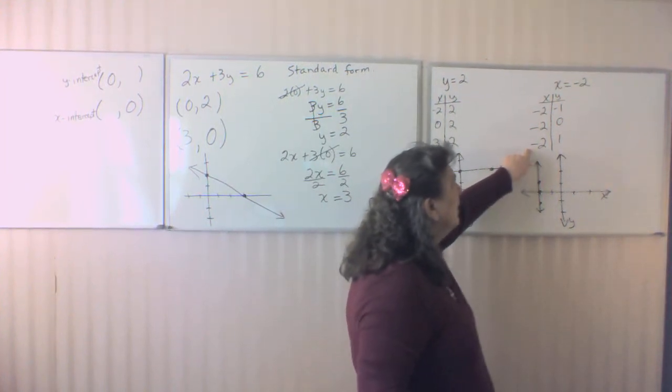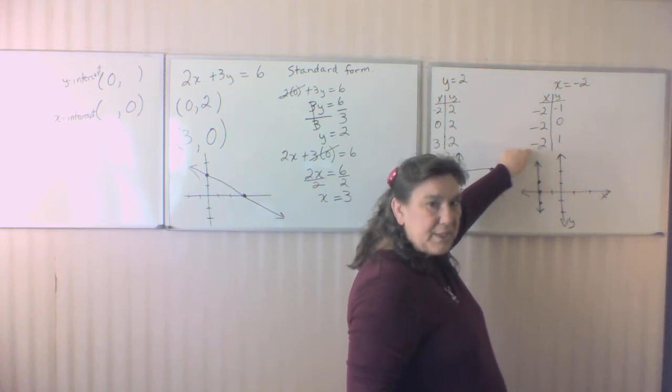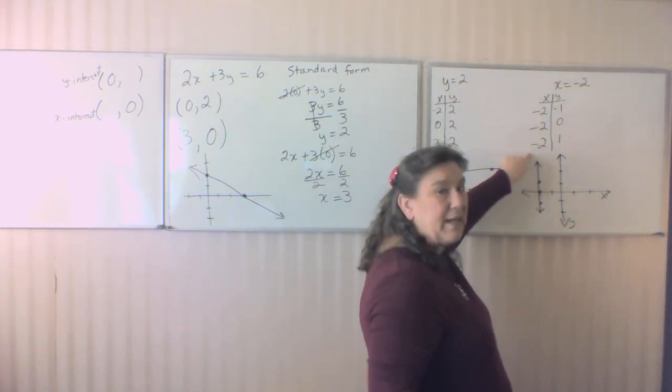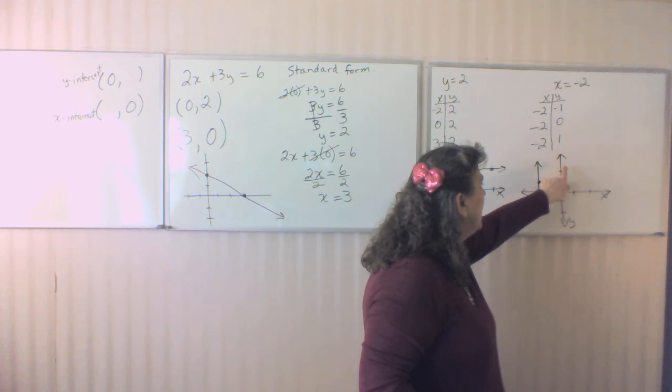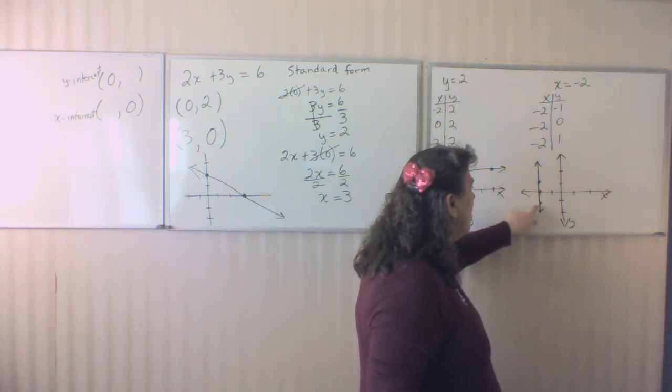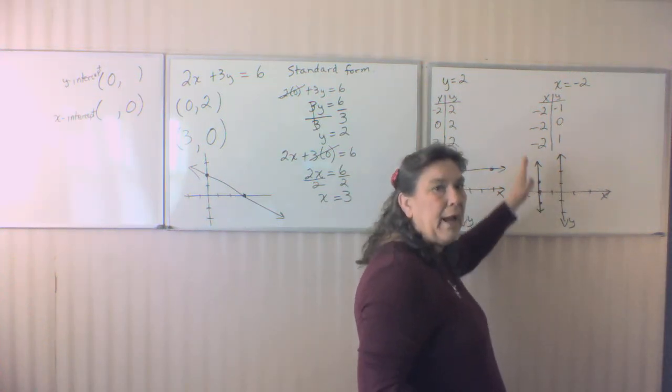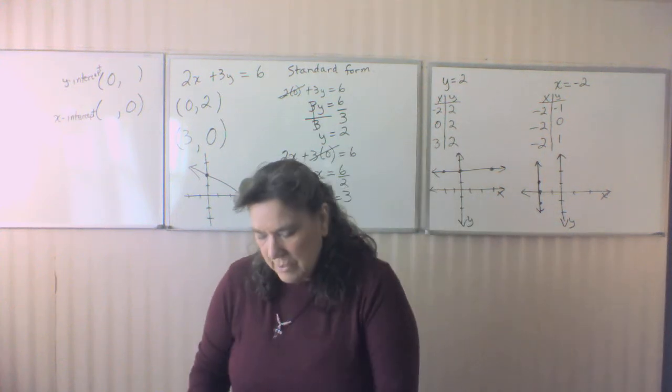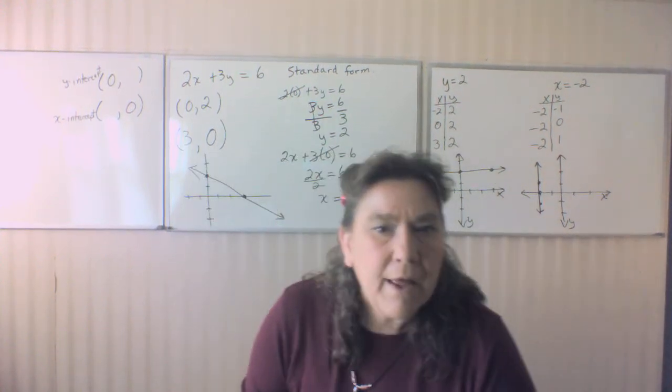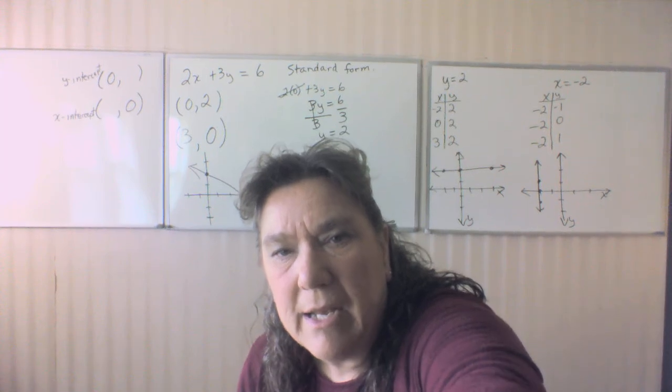Same thing here. The x is what determines it. Since all the values of x have to be the same, no matter what your y is, your x always has to be that same value. And it makes a vertical line. So there you are with that particular lesson. And now you'll have some practice.